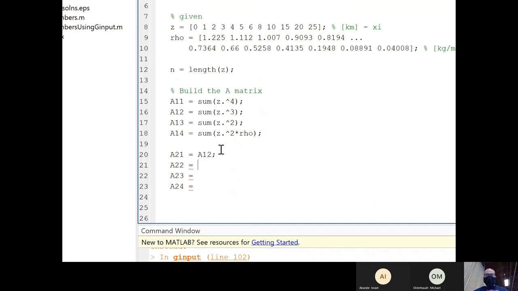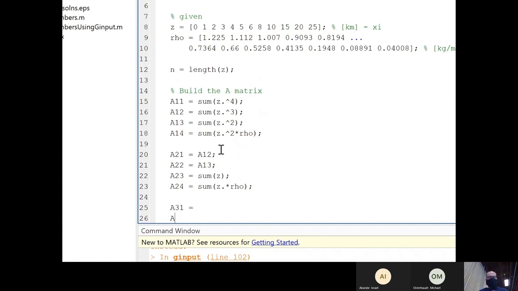A22? A13? A23? That one we have to put in something. And then this one we do 2 times rho. Okay, I'm going to do the last one.